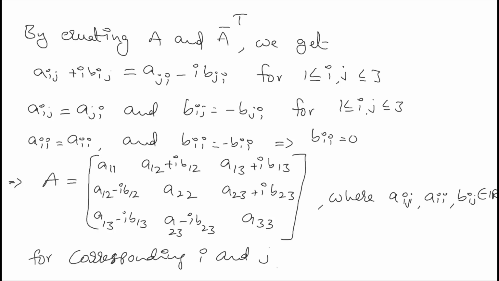So we can see that in the matrix A, the number of independent entries are 1, 2, 3, 4, 5, 6, 7, 8 and 9.